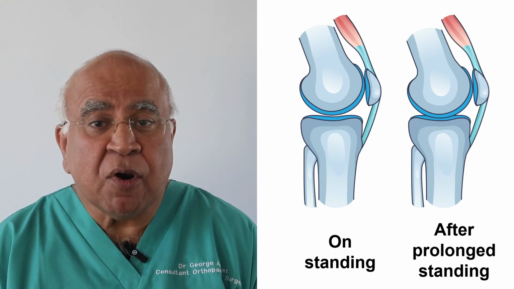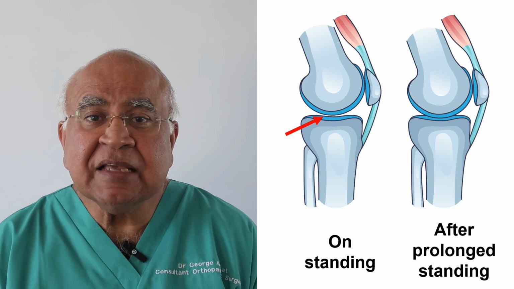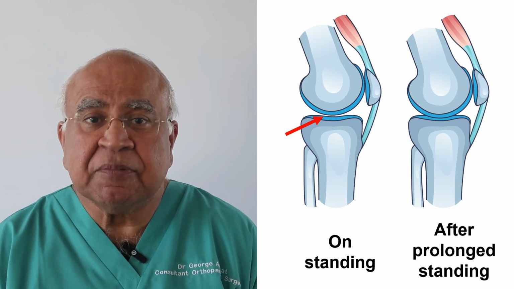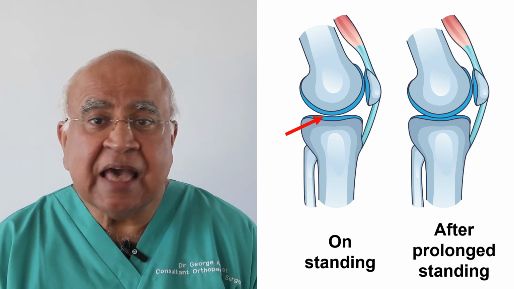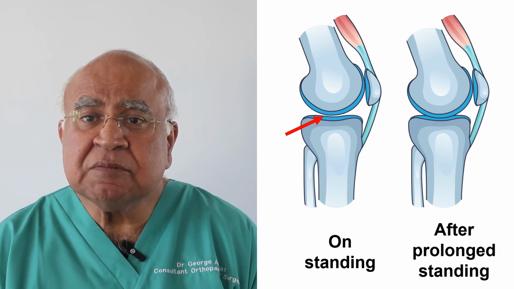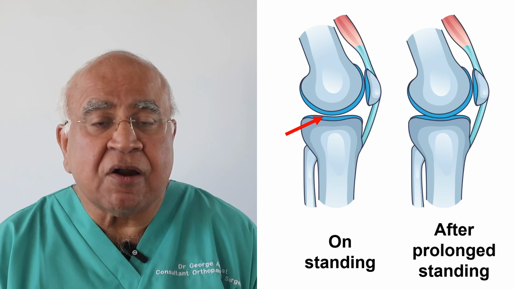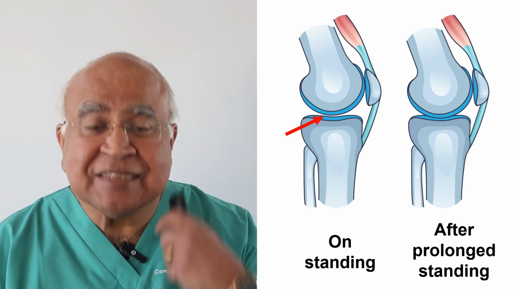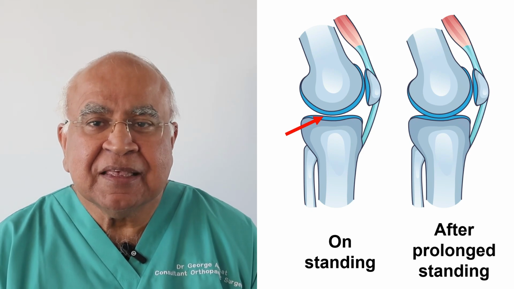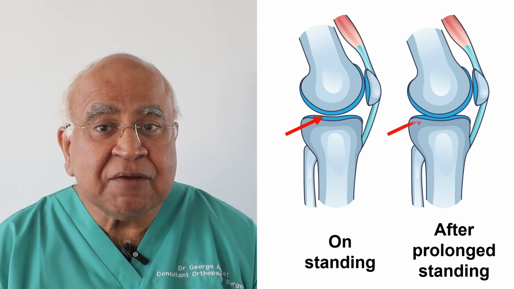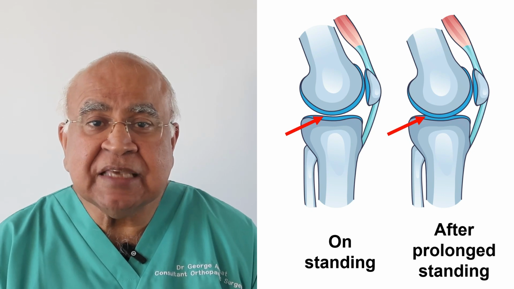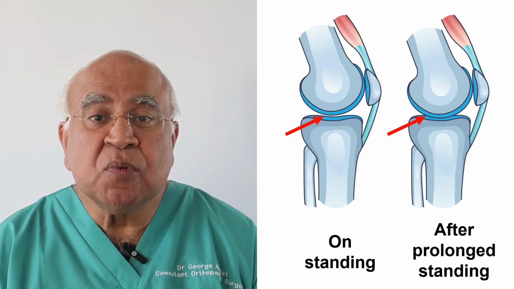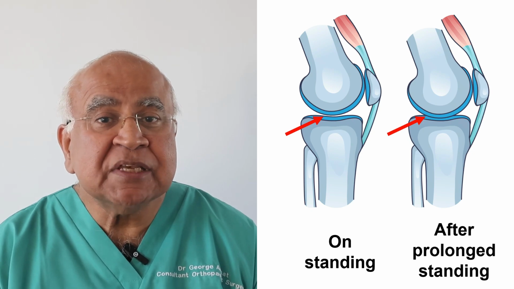When we stand for prolonged periods, the cartilage in our knees changes shape. Initially, as we stand up, only a small area of the cartilage is in contact. However, if we continue standing for a long time, the cartilage that is in contact with each other slowly changes its shape and becomes more contoured to the opposing surface.